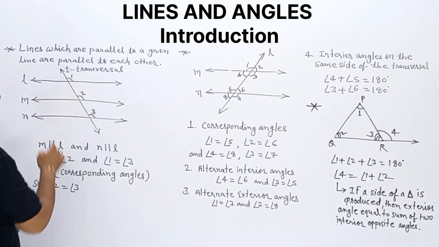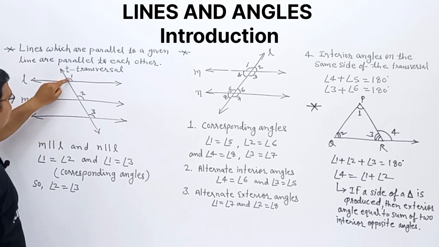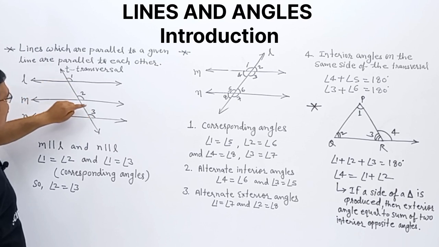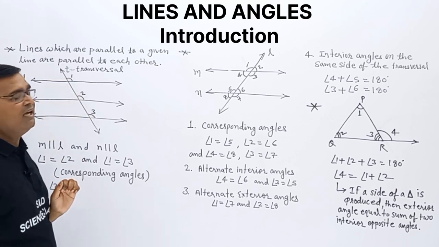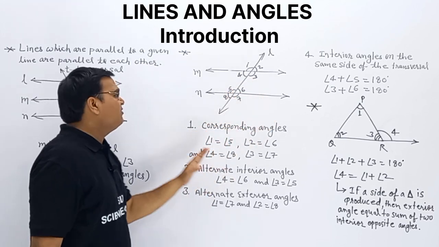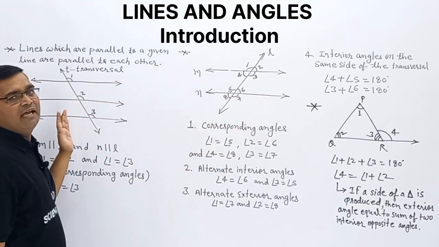Then corresponding angles, how will we write? This is corresponding to this one and this will be corresponding to this one. So automatically we can say this will be corresponding to this one. Clear?